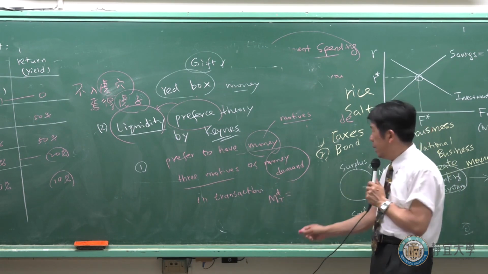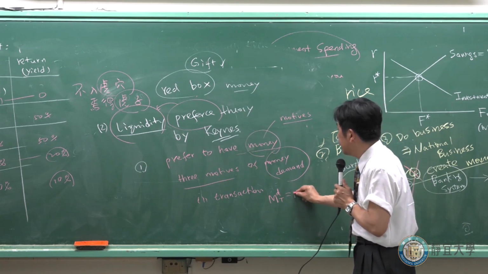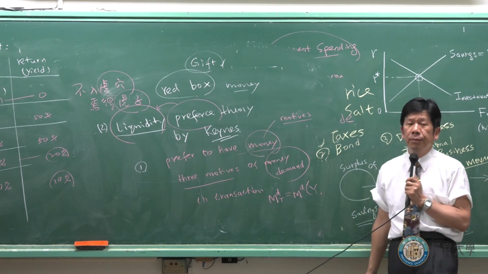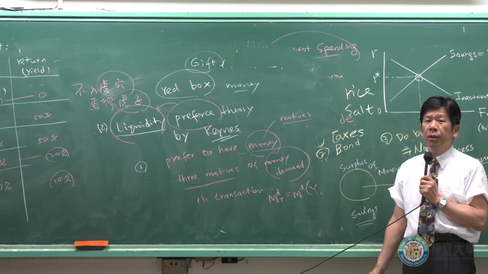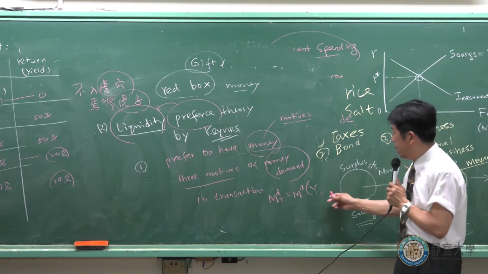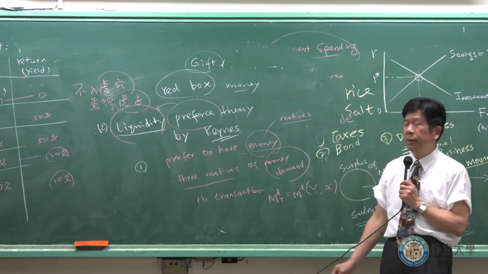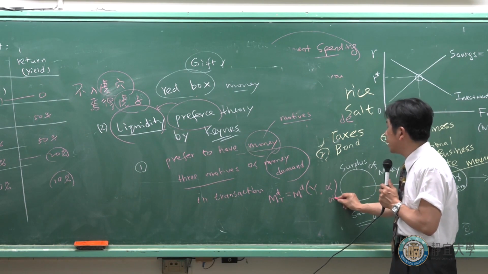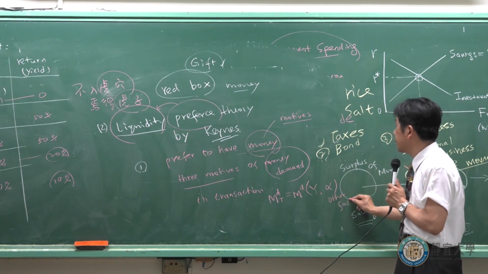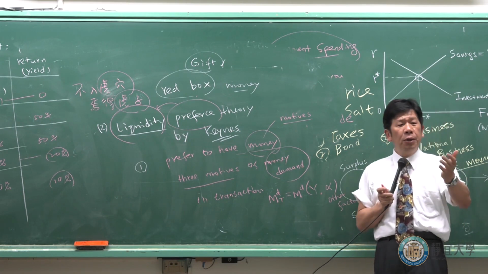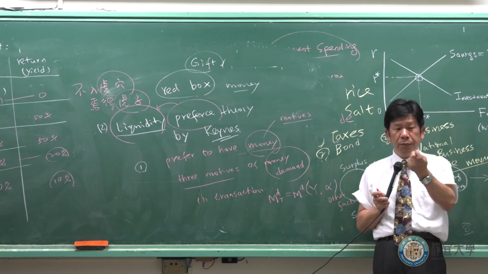Okay? And actually, this depends on your income, Y, and other factors. Alpha means other factors. Okay? I'm not sure how much money you have.